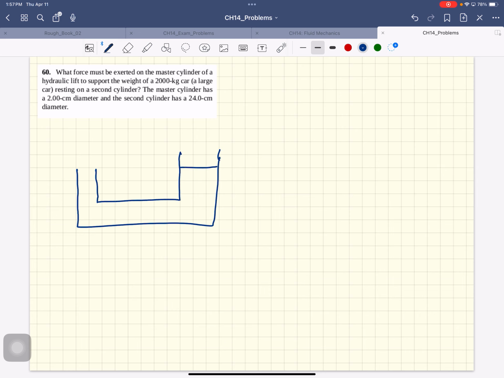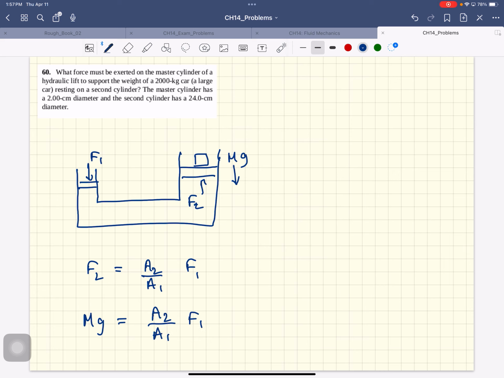So there's the load being lifted, and there's the input force. So you saw that the output force is equal to A2 over A1 times the input force. The output force is mg.